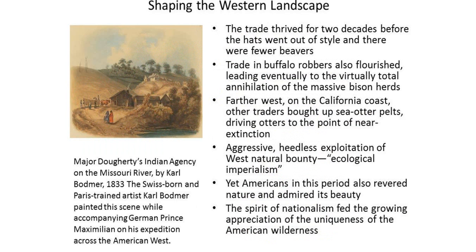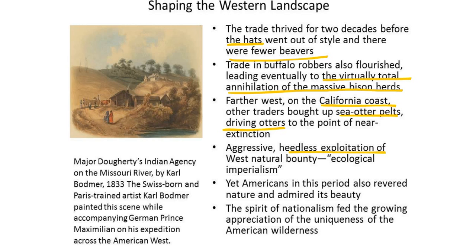The trade thrived for two decades before beaver hats went out of style and there were fewer beavers to hunt. Trade in buffalo robes also flourished, leading eventually to the virtual annihilation of the massive bison herds. Farther west, on the California coast, other traders bought up sea otter pelts, driving otters to the point of near extinction.